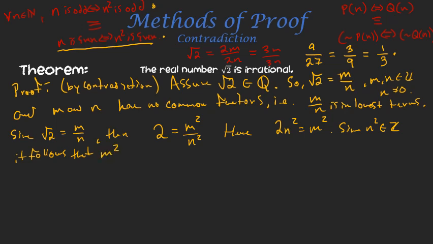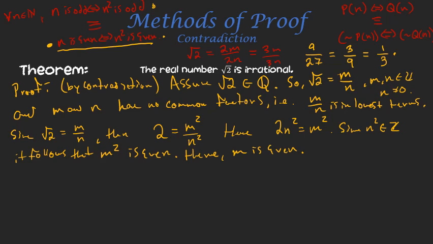What can I conclude from this? Well, this is why I had to do this in the preamble to this proof: m squared is even if and only if m is even. Here we have m squared is even, so it follows that m is even. So that's the part where we're using that previous result.